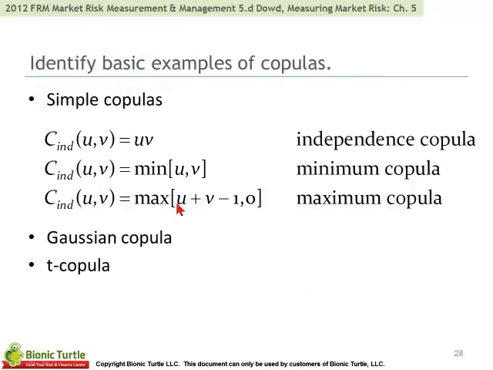Dowd looks at some simple copulas: independence, minimum, maximum, and then we have Gaussian copula, T-copula, a whole long list of possible copulas. There's really no limitation to the copula function that we can employ.